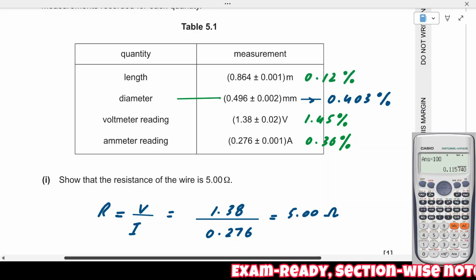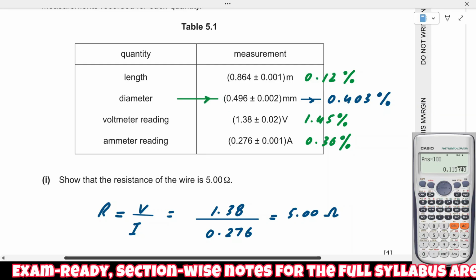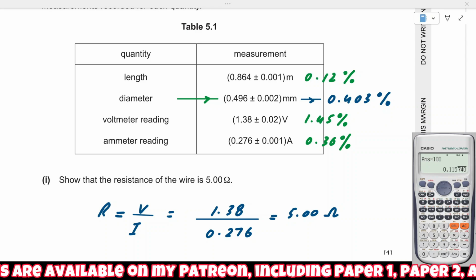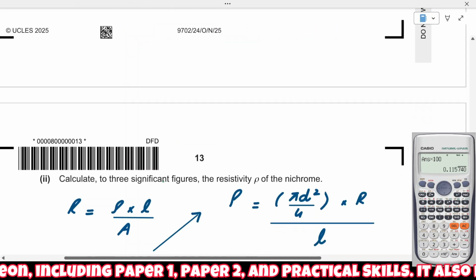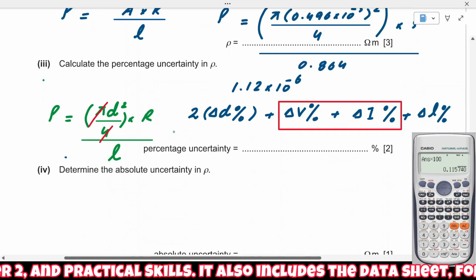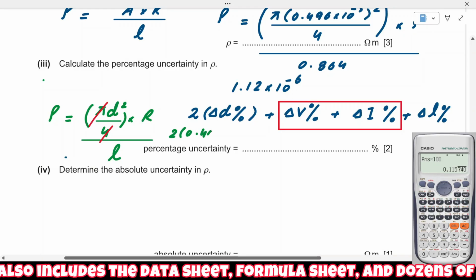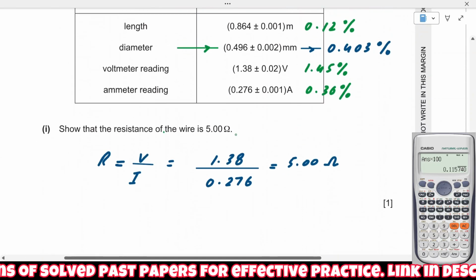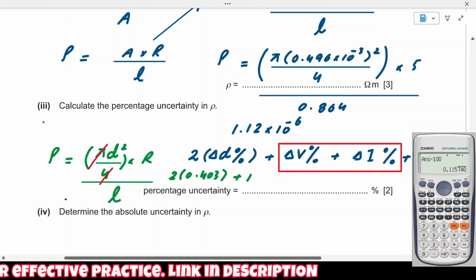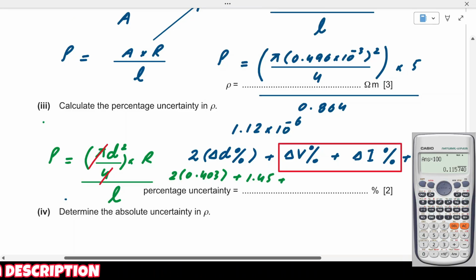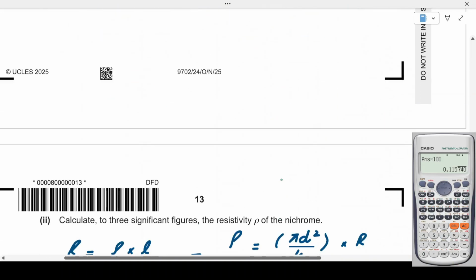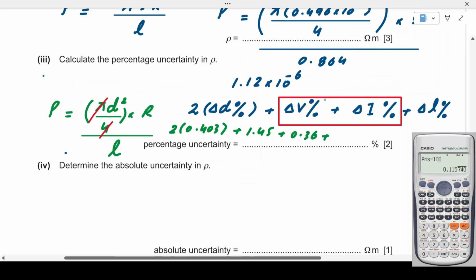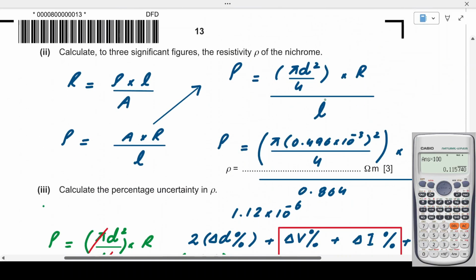Only the diameter one will be doubled, because in the formula we had d square. So 2 times 0.403 plus voltage is 1.45%, current is 0.36, length is 0.12.